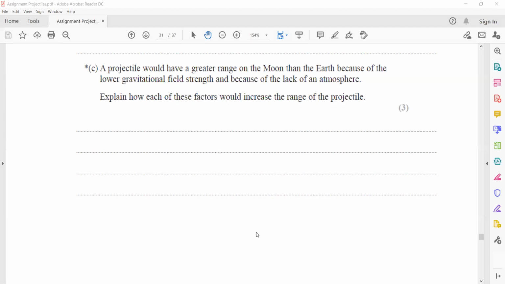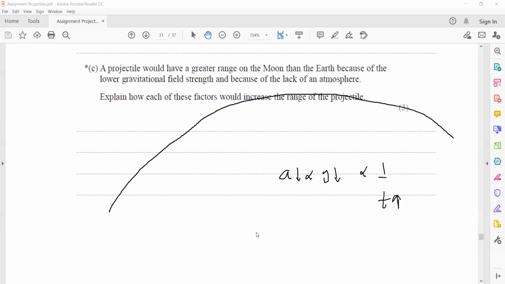So basically, when you increase the time of the flight, the range automatically will increase. If the acceleration due to gravity is smaller, it will have less acceleration, and if it is having less acceleration, it will take more time. Like the time taken for the flight increases. As the time taken for the flight increases, the range will also increase.